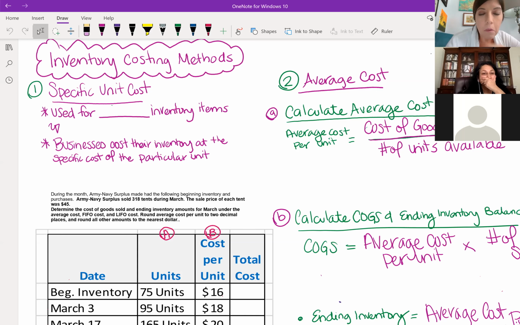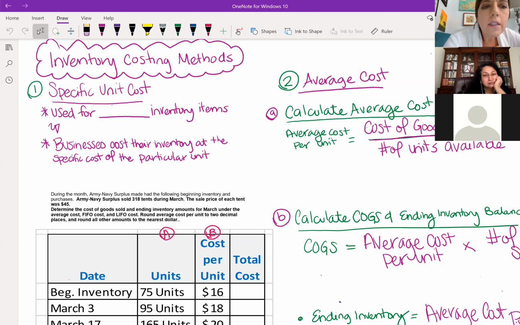But now GAAP states that companies have the ability to select what method they're going to use for financial reporting purposes, and whatever they use for financial reporting purposes, they're also required to use for tax reporting. And they have different values of inventory as well as cost of goods sold, and sometimes have a huge impact on the company's bottom line, depending on what method they're using.